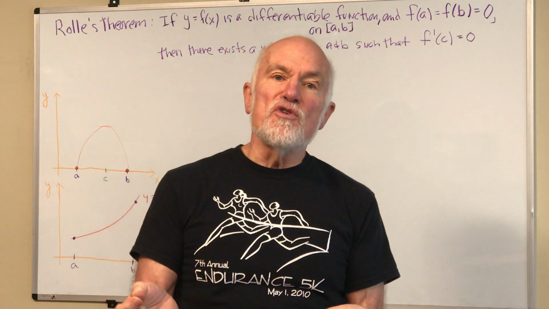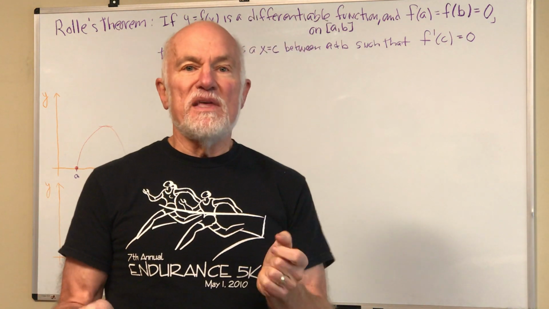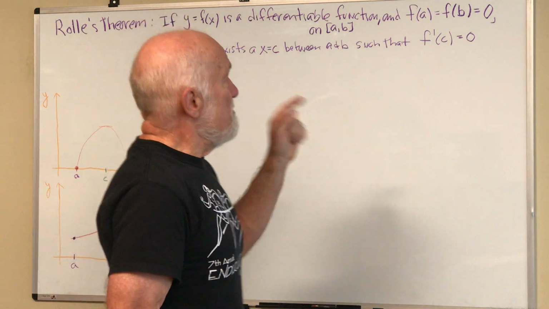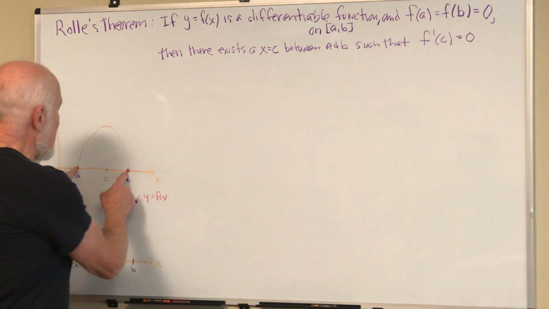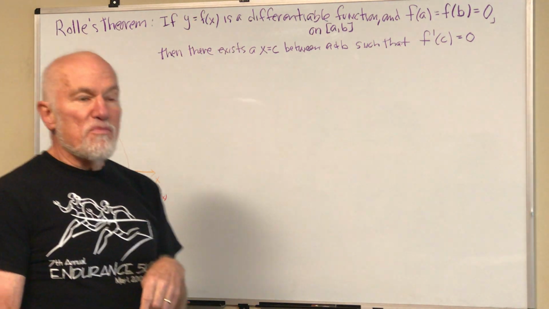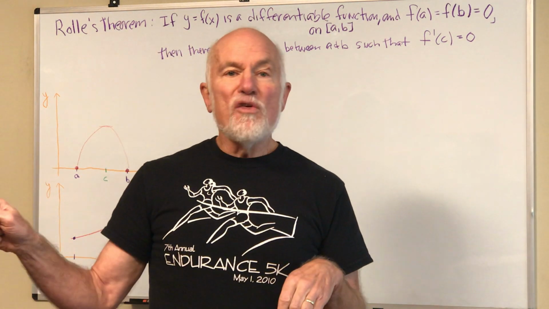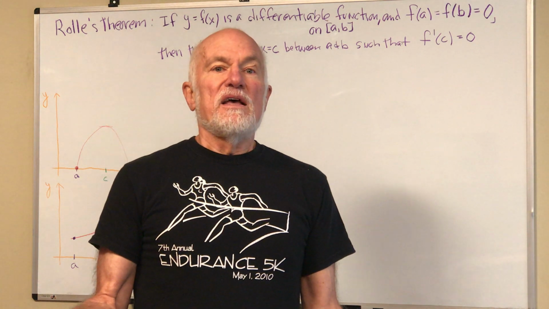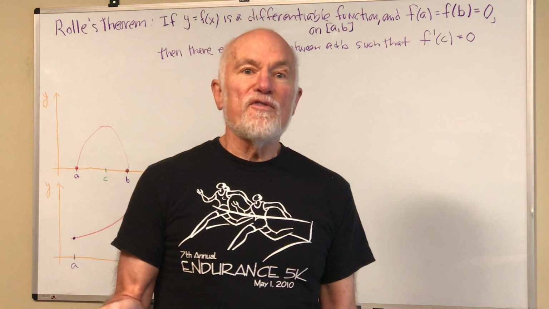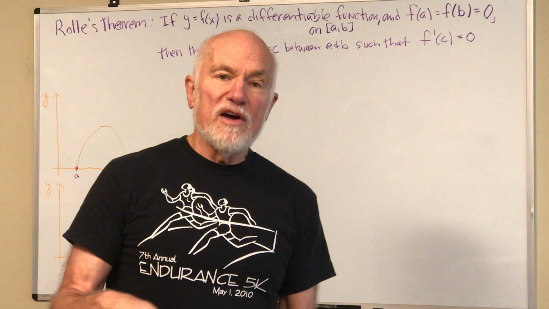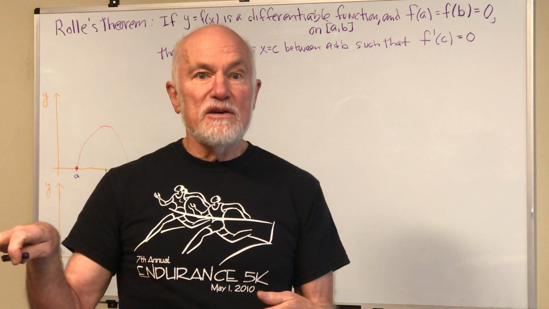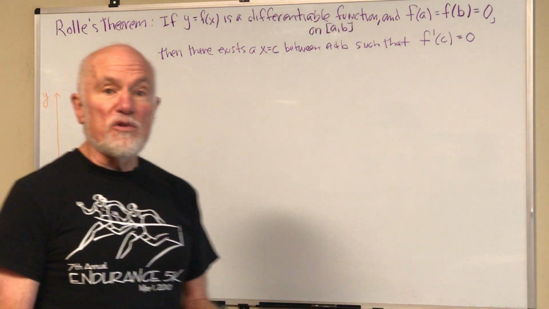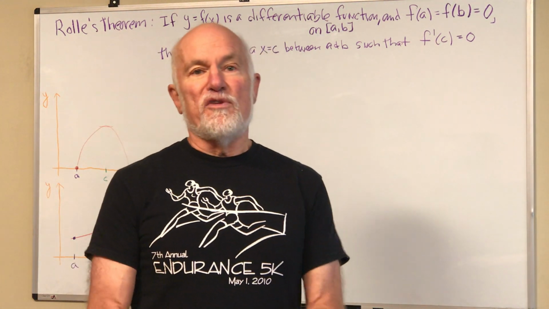So let's first assume that the max and mins happen at the endpoints. Well, if the maximum and the minimum are both equal to 0, that must mean that all the way between a and b, every function value is 0. So that means that the function itself is f of x equals 0, a horizontal line, which means not only is there one value of f prime of c equals 0, all the values of the derivatives would be 0.